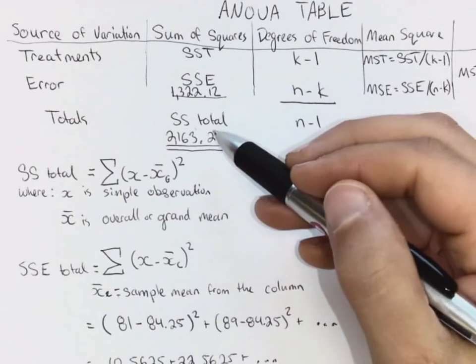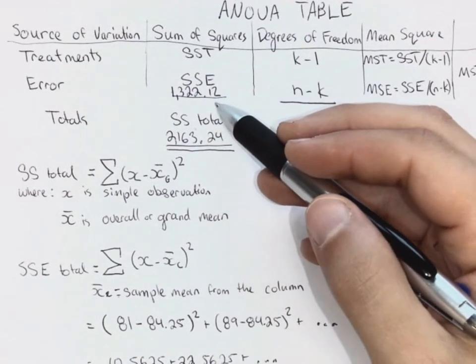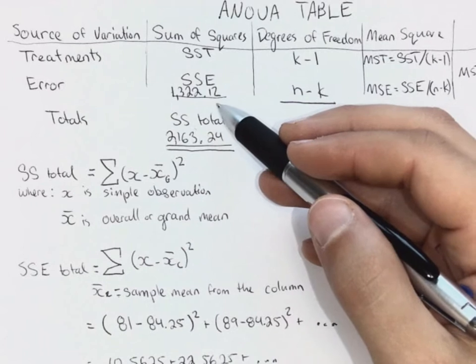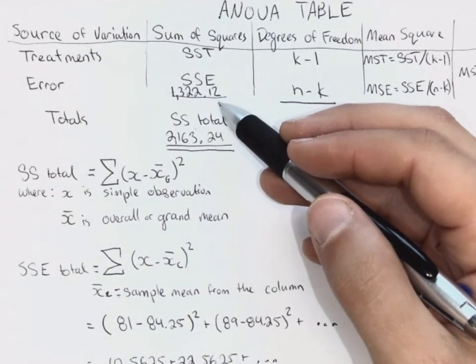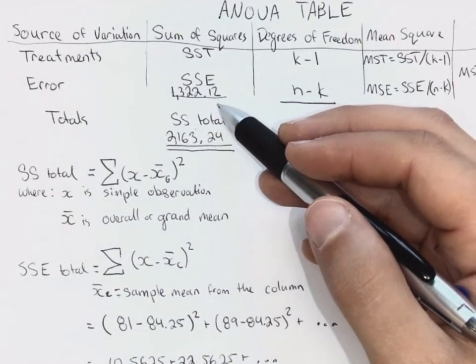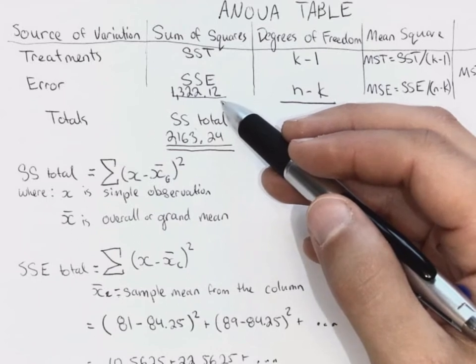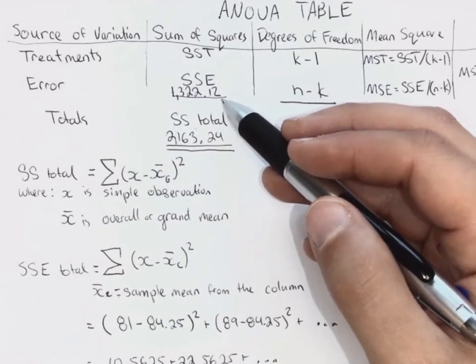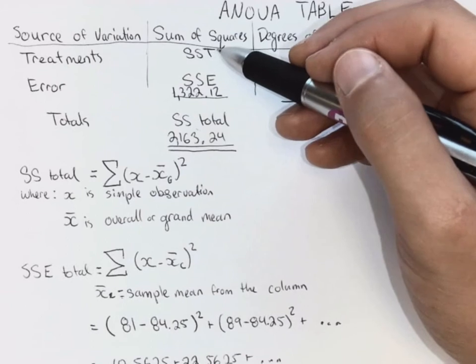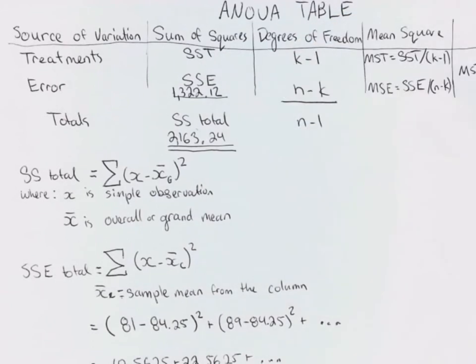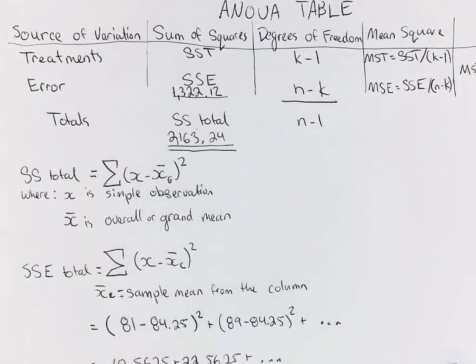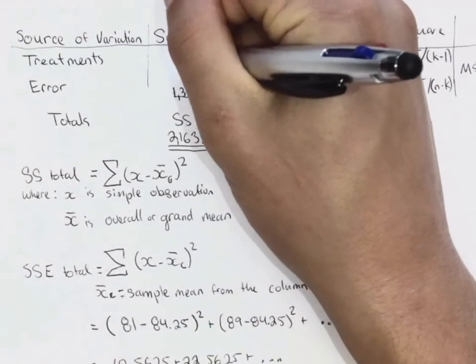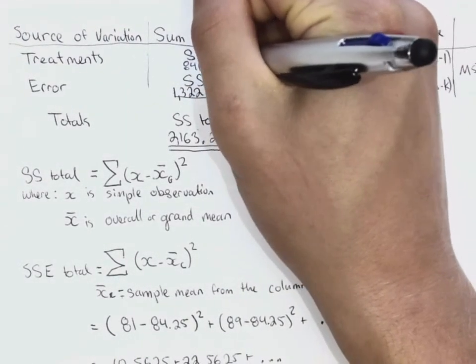So if we know our total and we know our SSE, which means our variation within the treatments, we can determine our SST, which means the variation due to different treatments. That will equal 841.12.